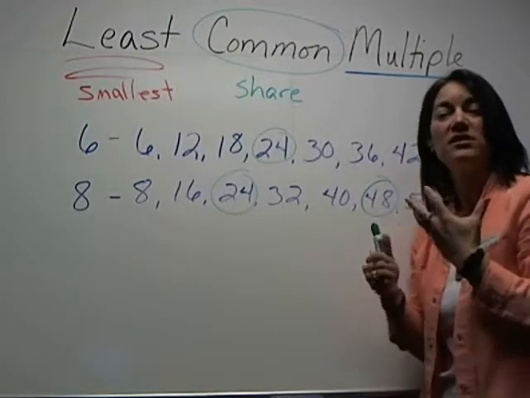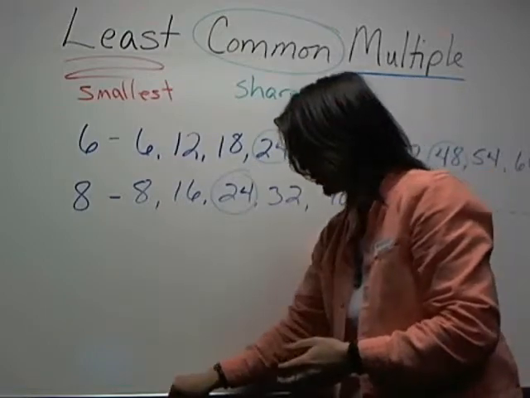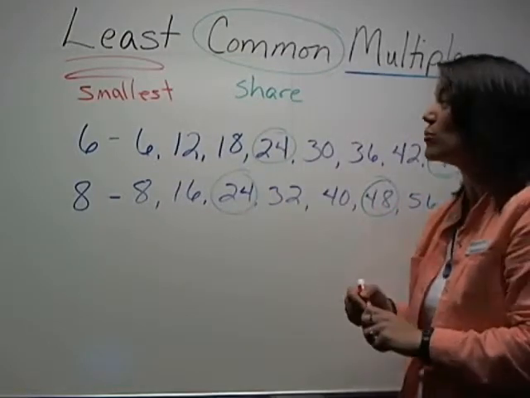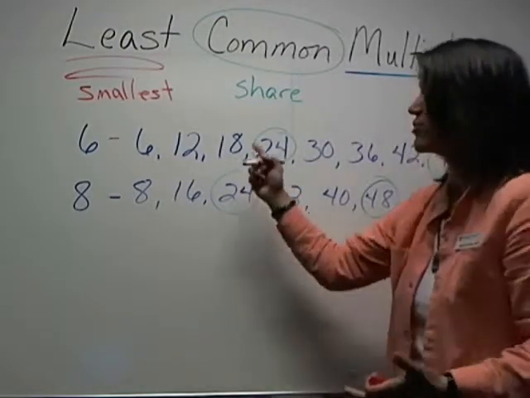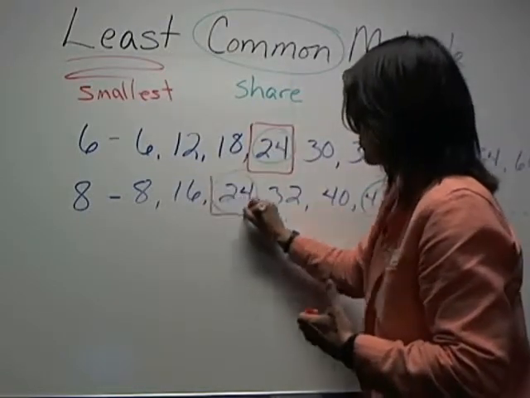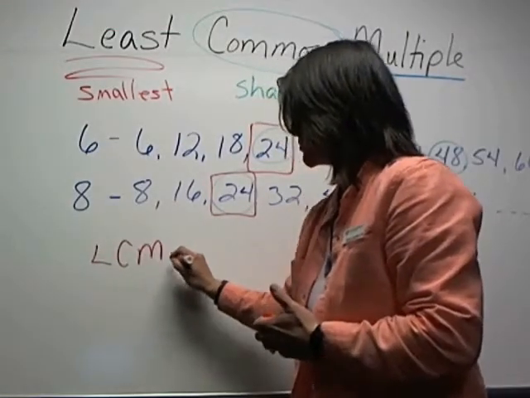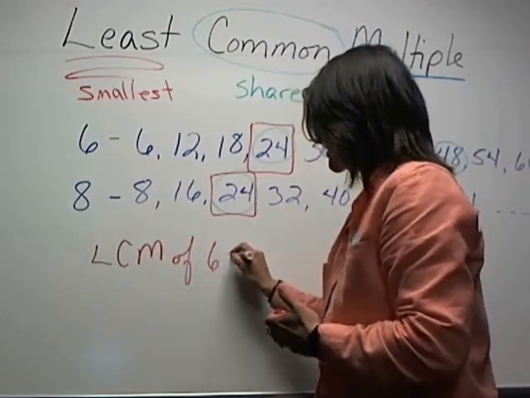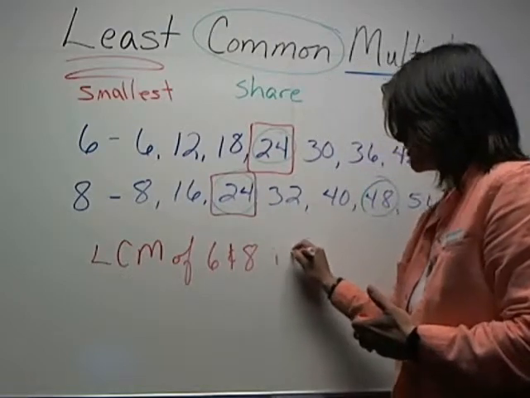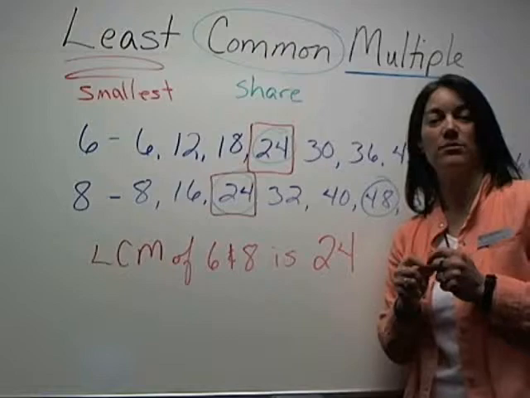So which one is our so-called answer? What are we really looking for? Well, we're looking for the least or the smallest one that they share. So the first number that they share is 24. So the LCM of 6 and 8 is 24. That's the first number that they share.